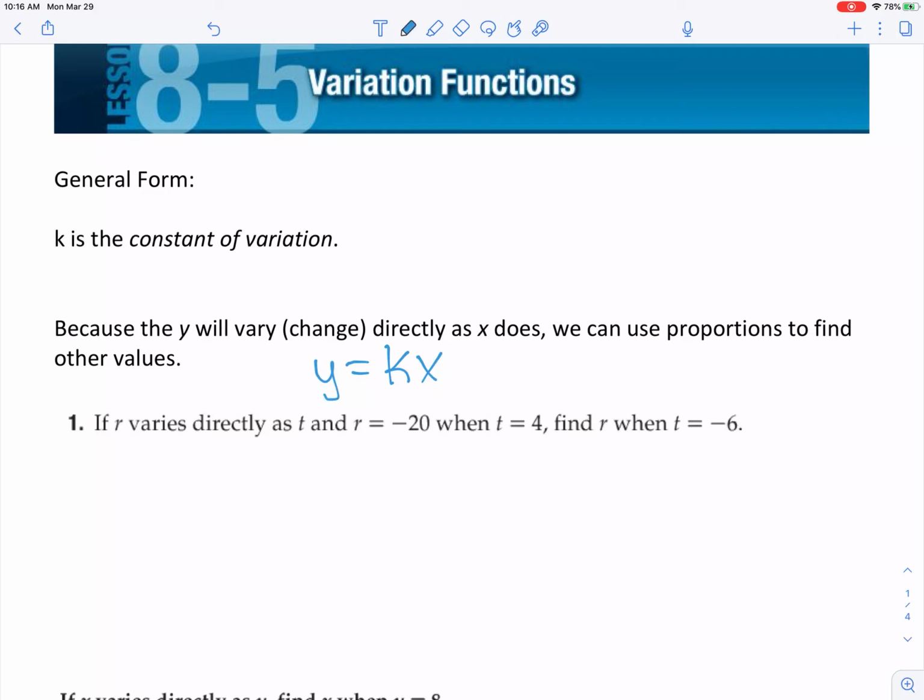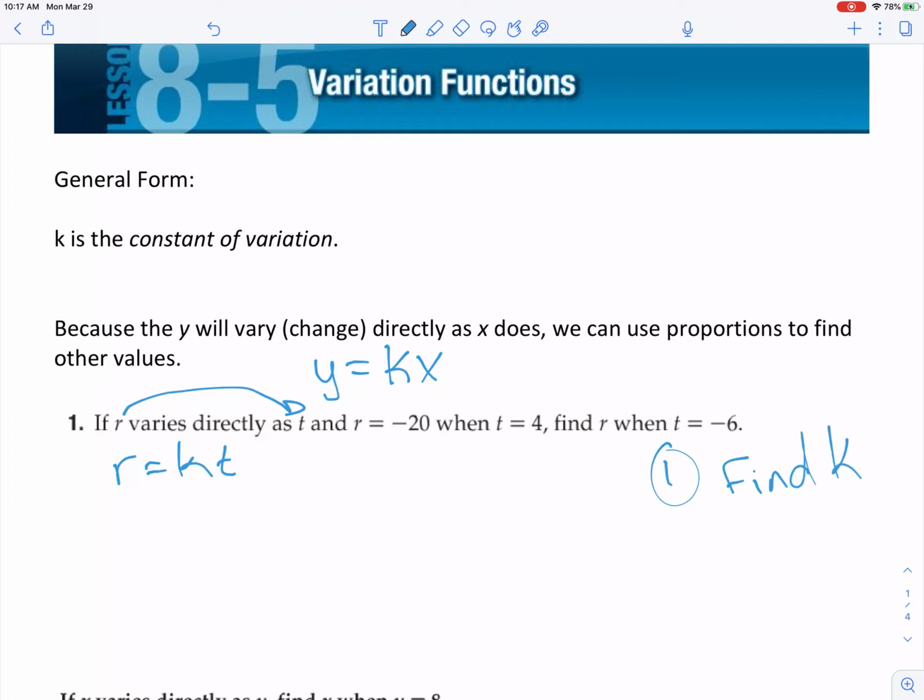So typically the way this would be written is that y varies as x. So if it says r varies as t, this is saying r equals kt when you go to plug that in. The first thing you're going to need to do is find k.